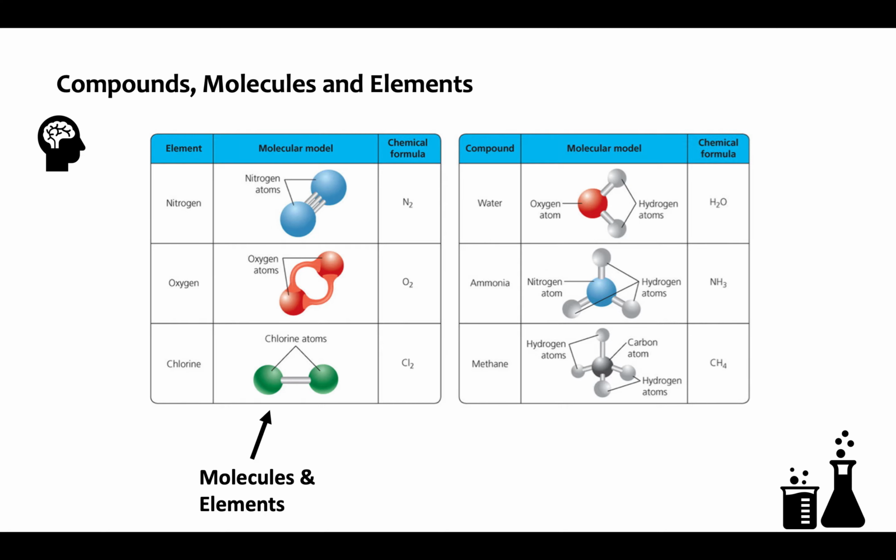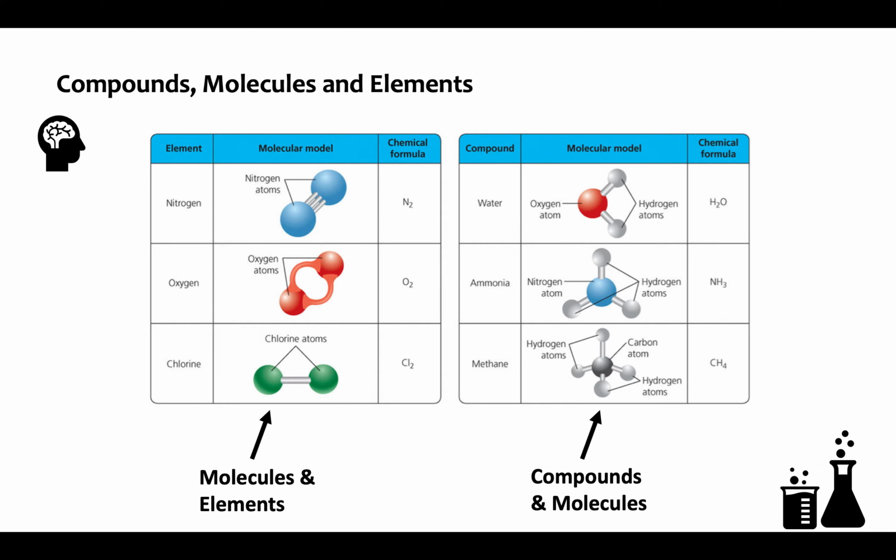So if we look at the structure, the element is an element, yes, but inside the element are molecules. So we have molecules of nitrogen, molecules of oxygen, molecules of chlorine, and there are more examples that we'll talk about in a later slide, but overall they are elements and also molecules. They exist as discrete molecules.